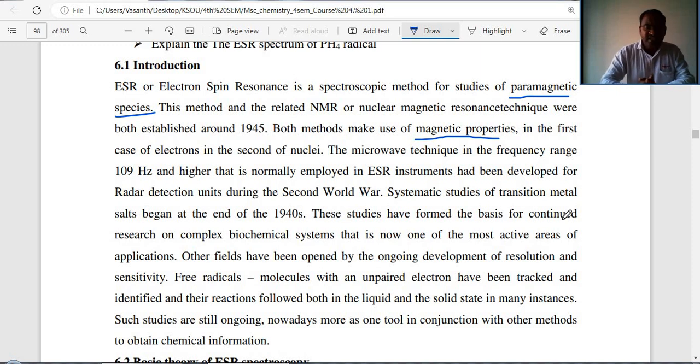In the first case, electrons. In the second case, nuclei.